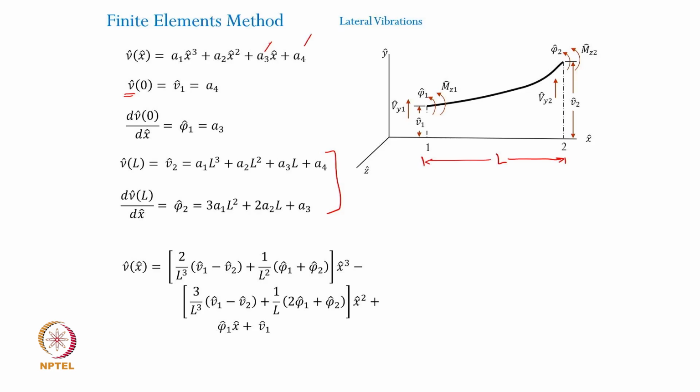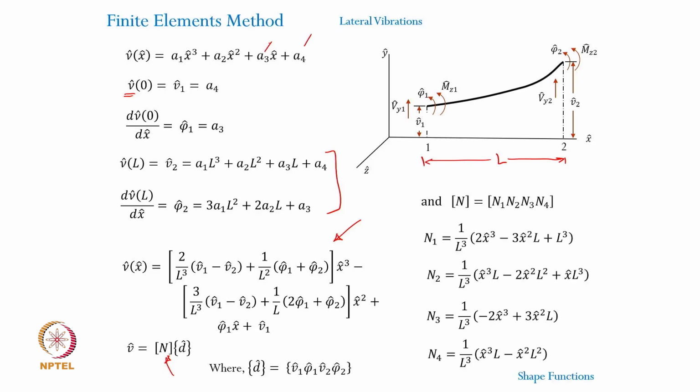This can be reformed into a shape function matrix, and that is given by v cap equal to N matrix, which is the shape function matrix, times the nodal displacements. Okay, where this N, you can figure out by rearranging this in terms of these nodal displacements, in terms of the spatial variable within the element, x cap.